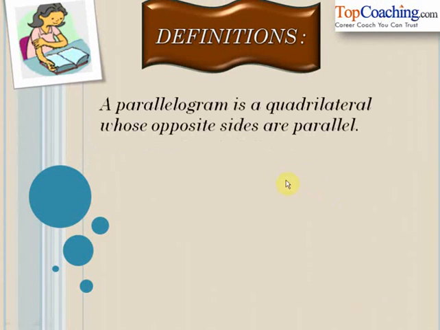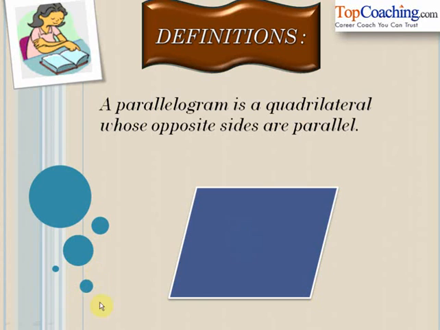Now, the next is that a parallelogram is a quadrilateral whose opposite sides are parallel. We have just seen what parallel lines are: lines which do not meet or intersect. Also, a parallelogram is a quadrilateral and it is bounded by 4 sides. A parallelogram is a quadrilateral whose opposite sides are parallel to each other.